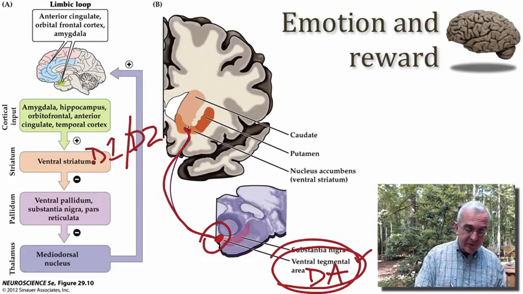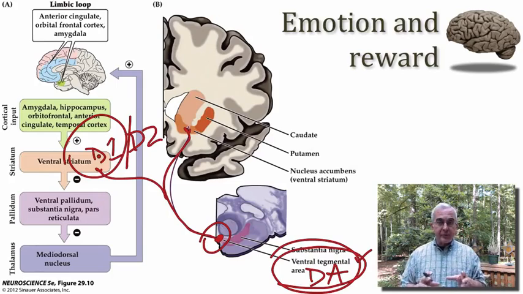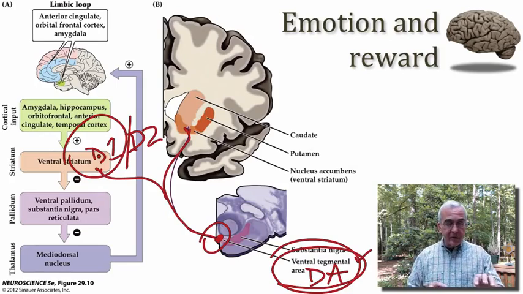So in the illustration that we have here to the left, we imagine that the D1 receptors are being activated when ventral tegmental neurons begin to fire and release dopamine, affecting this direct pathway from ventral striatum to ventral pallidum, substantia nigra pars reticulata, and then back to the mediodorsal nucleus of the thalamus.